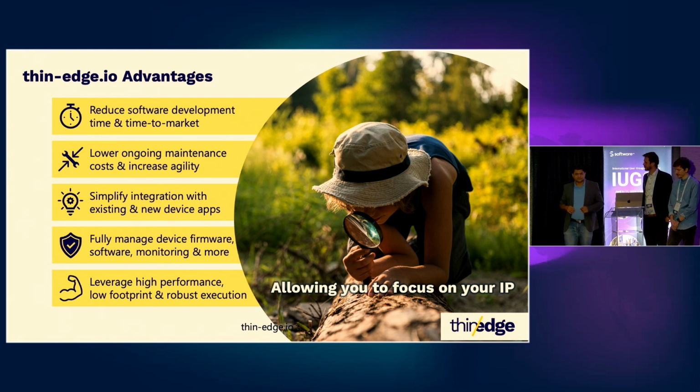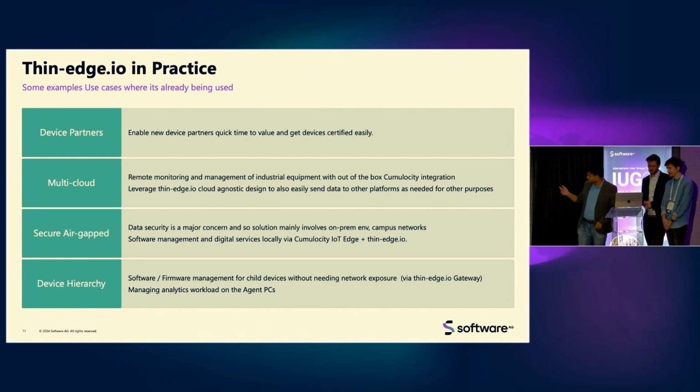ThinEdge is written in Rust as a programming language, so you get memory guarantees, thread safety guarantees, and really high performance out of the box. So all of this helps you to not bother about all the foundational elements of your device, but rather just focus on your IP.